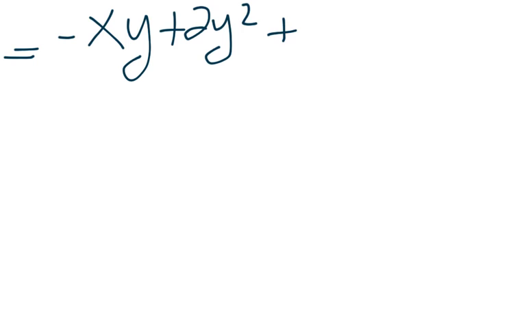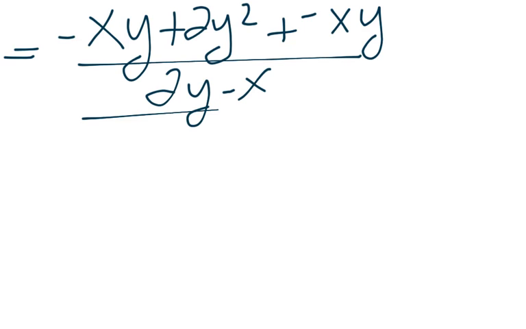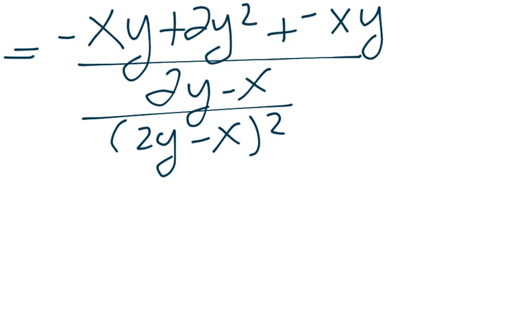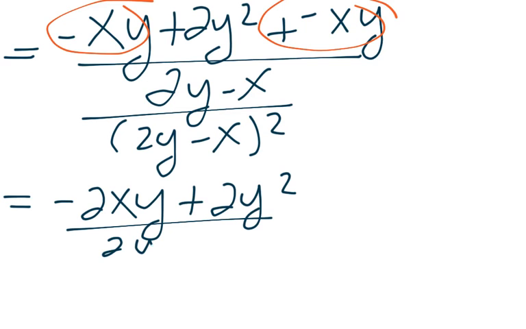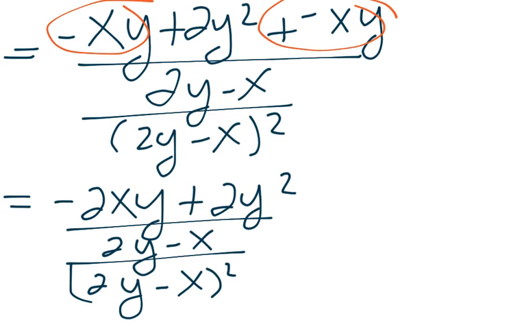So you're going to have negative xy plus 2y squared plus negative xy, over 2y minus x, over (2y minus x) squared. From here you can combine them, and you're going to get negative 2xy plus 2y squared over 2y minus x, over (2y minus x) squared.